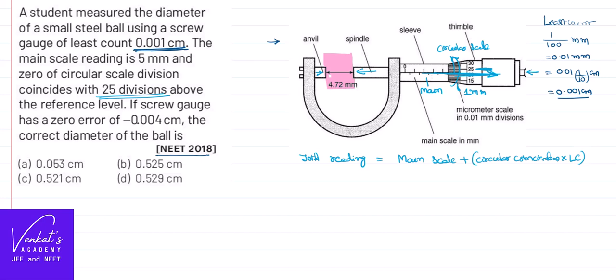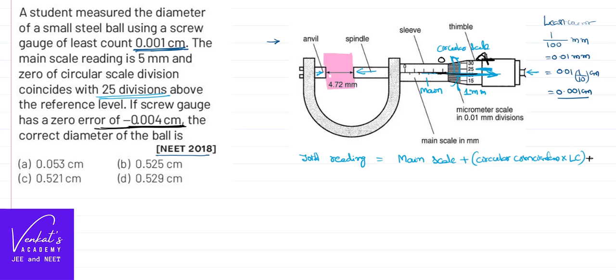But in this problem, there is another part also: it has a zero error. What I mean by zero error is that the zero of the main scale does not exactly coincide with the zero of the circular scale at the start of the experiment. It is showing minus 0.004 centimeter. That means this zero is not coincided with this zero, rather it is coincided with the 4.